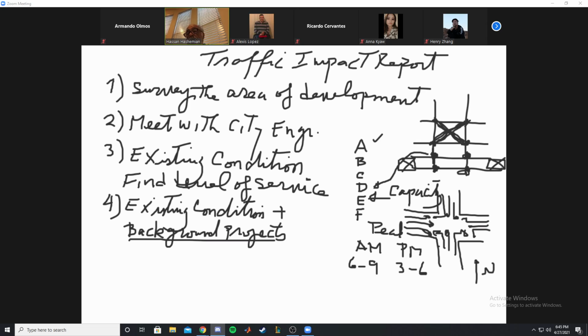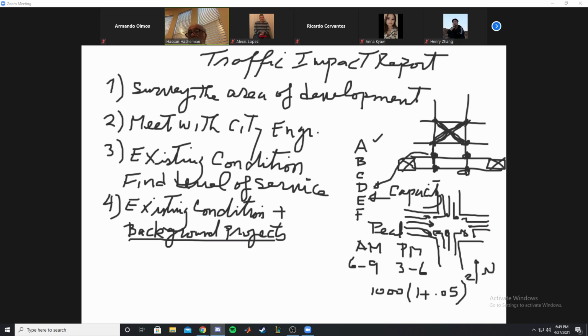So 2 years from now, if the traffic grows 5% per year, we have to increase the existing condition volume that we have by 5% per year. So for instance, if you had 1,000 cars going, 5% per year will be times 1.05 to the power of 2, because it's cumulative.